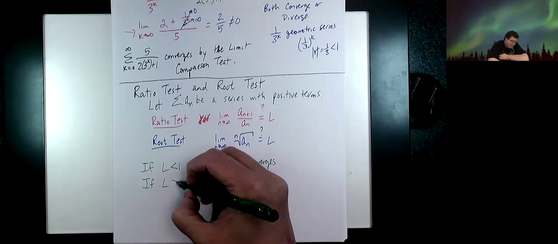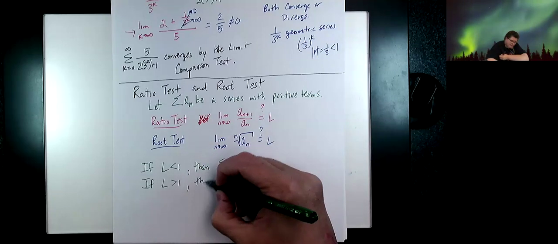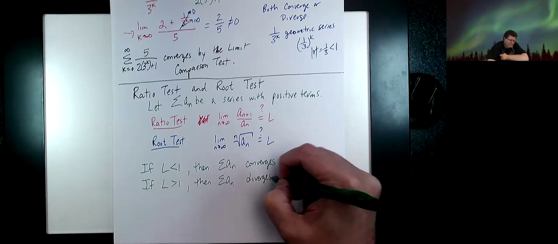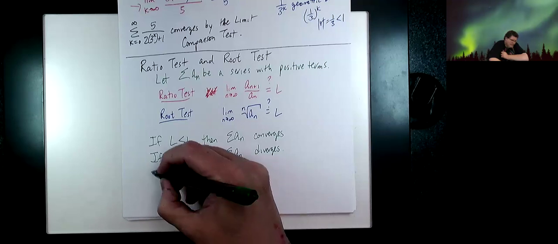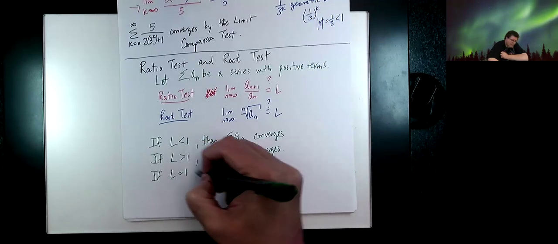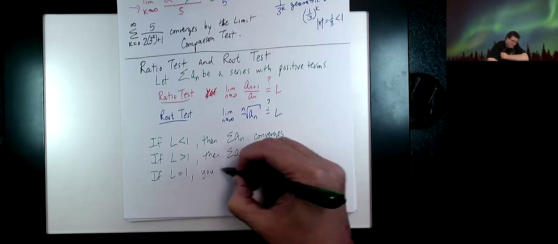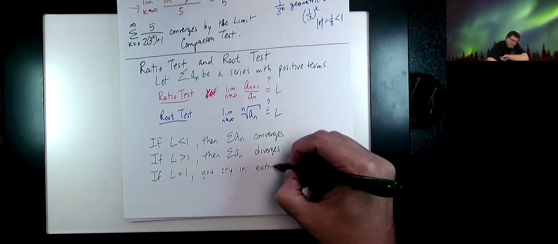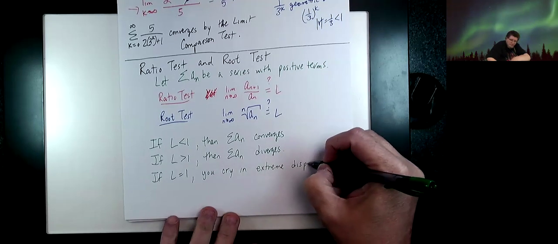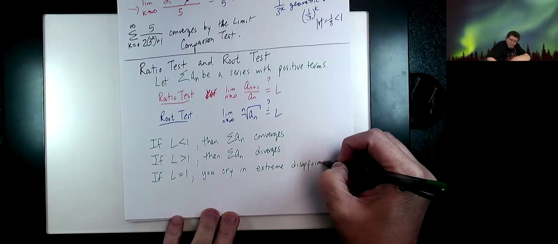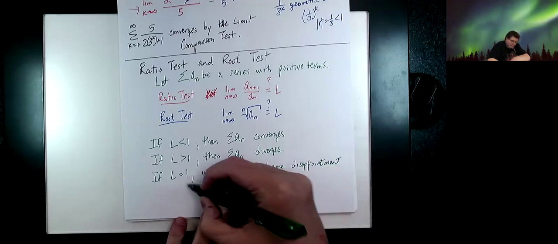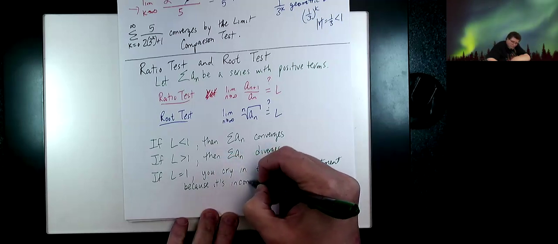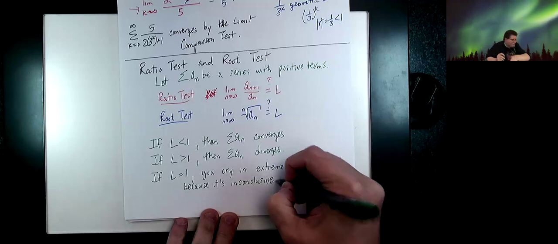If L is greater than 1, then the summation of A sub n diverges. And if L equals 1, you cry in extreme disappointment because it's inconclusive, which means you're going to have to try something else.